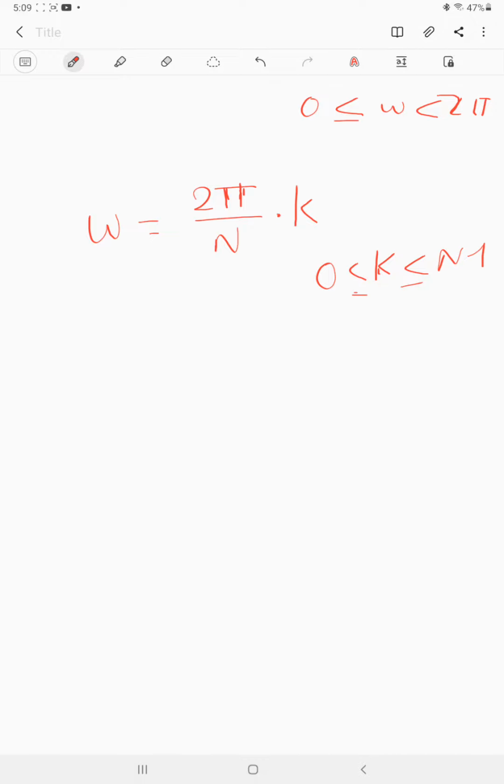Okay. So here if we take k equal to 0, then automatically omega is equal to 0. If we take k equal to 1, then the value will be 2 pi by n.